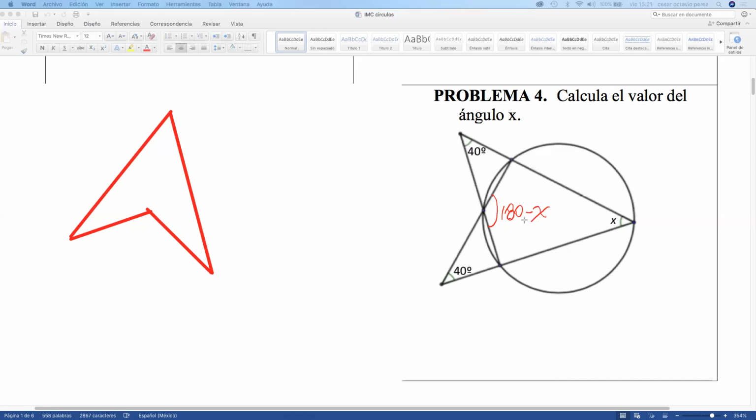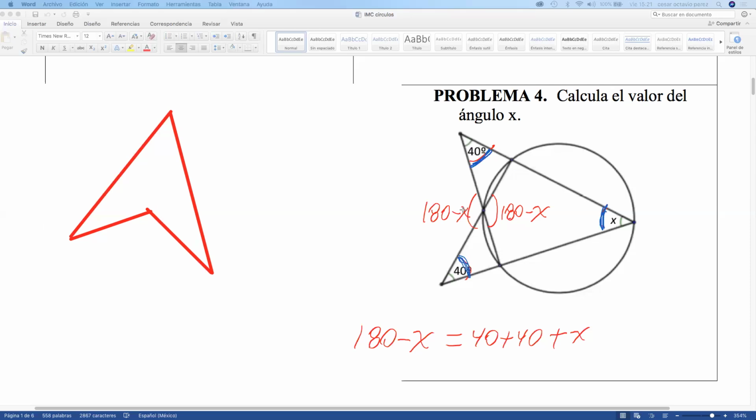Okay, this is also 180 minus X. Do you agree? If we use this, 180 minus X will be equal to 40 plus X. Okay, it's the theorem that we use.